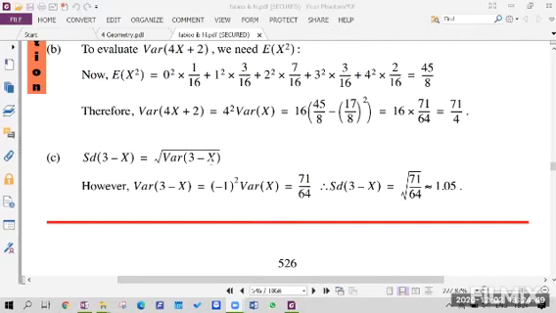Variance of minus 1 is minus 1 square, and then variance of x you have it. Do you understand this? So whenever you are asked to find out standard deviation of 3 minus x, this is the way you do it. So this is the variance of 3 minus x, 71 by 64. You take a square root of this and you have the answer.